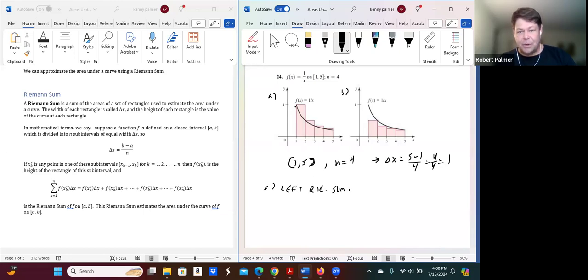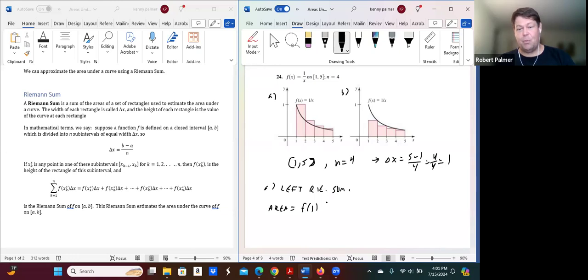Okay. So we need to evaluate each one at the left endpoint. And so that area, once again, this is the estimated area, is going to be, let's write it more formally, f of 1, right?